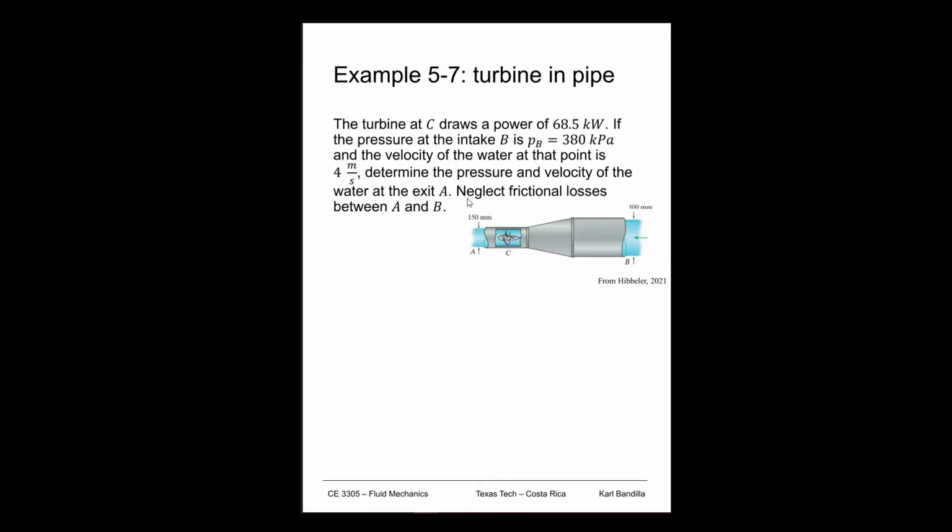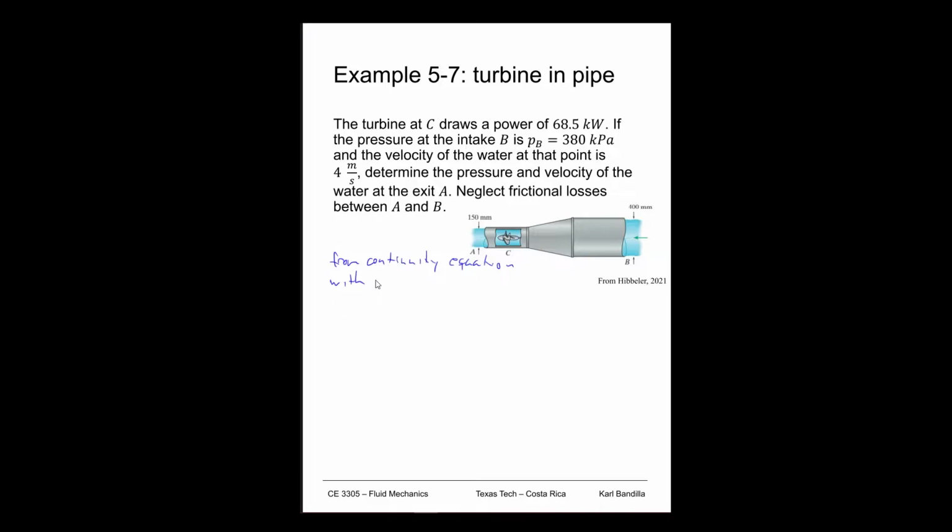So I think we can start with the velocity at A, because we can just use continuity, right? So we can say from the continuity equation, and now we also know that we have incompressible flow.